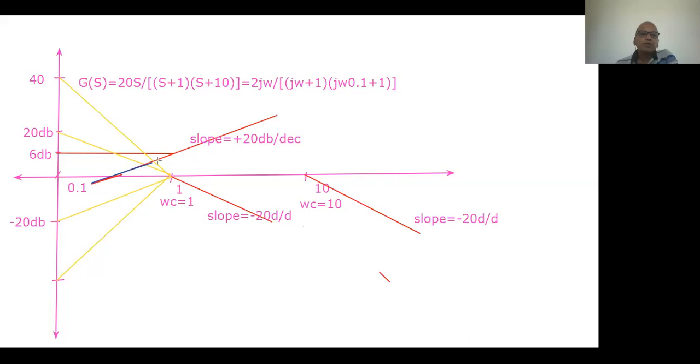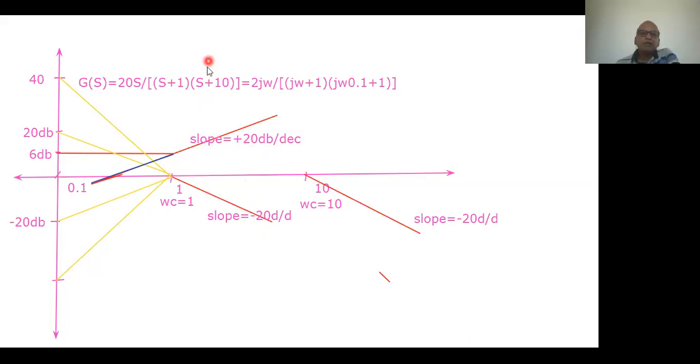Initial slope is equal to plus 20 dB up to the corner frequency. At this corner frequency, slope is minus 20. If you see, this is the plus 20, this is the minus 20. If you take the addition at this corner, this is plus 20 minus 20, 0 dB.